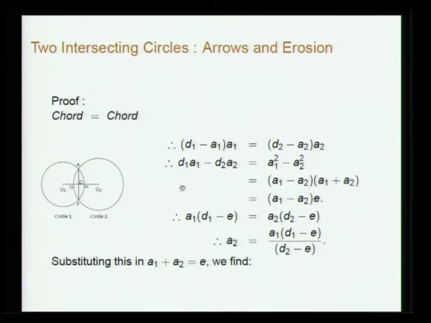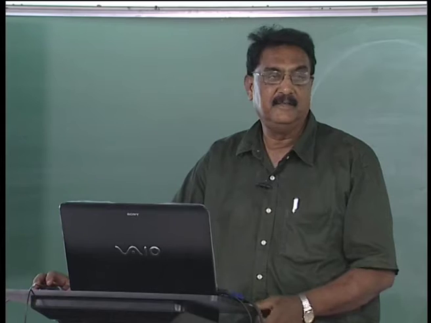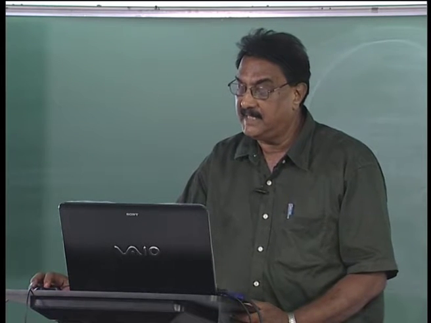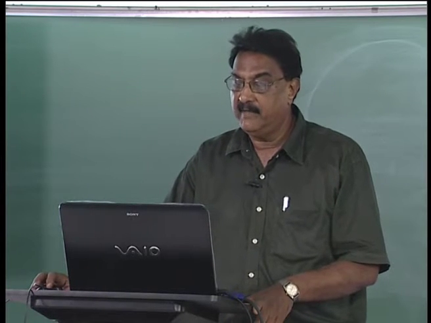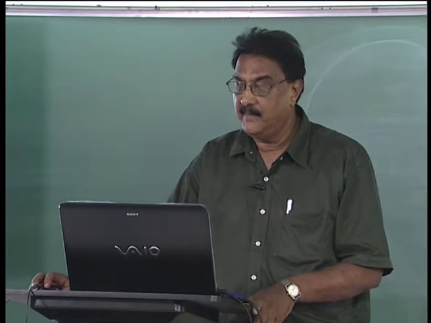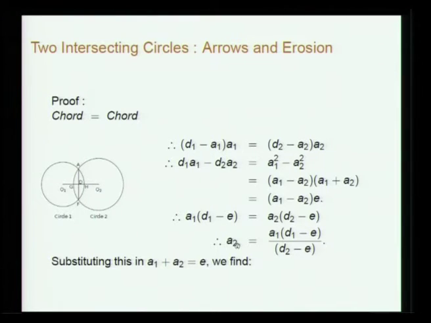And a1 plus a2 is the sum of the arrows, that is the erosion, how much one thing is eclipsing the other, so (a1 minus a2) into E. Now you get a1 into (d1 minus E) equal to this. Therefore a2 is equal to a1 into (d1 minus E) by (d2 minus E), very simple, and substituting this in a1 plus a2 equal to E.